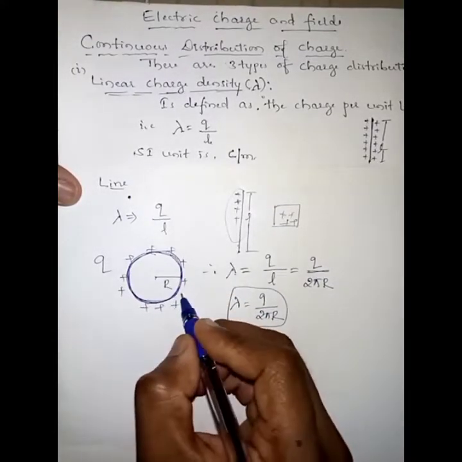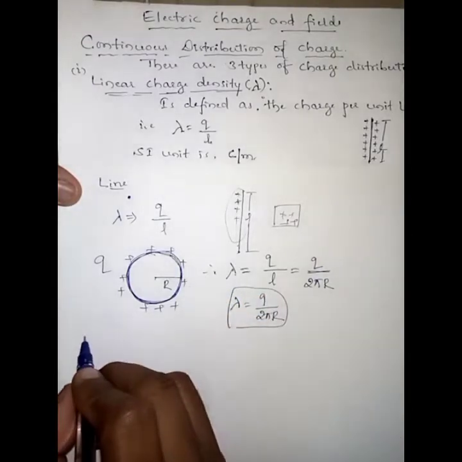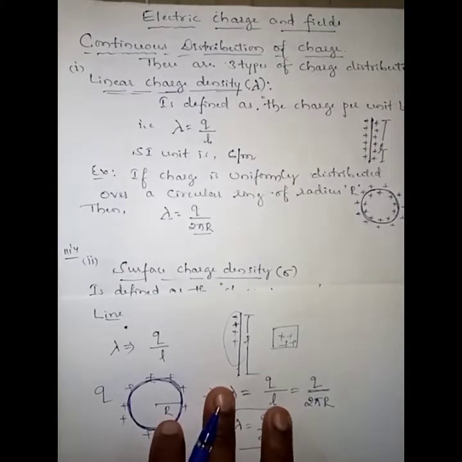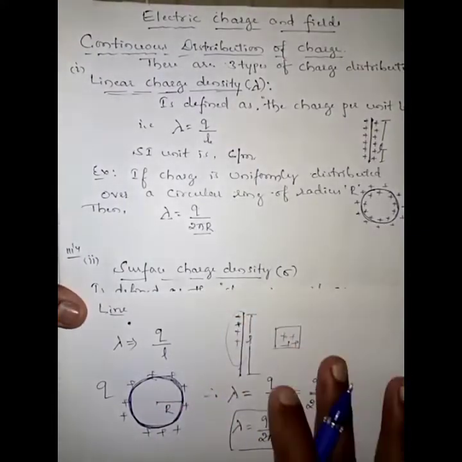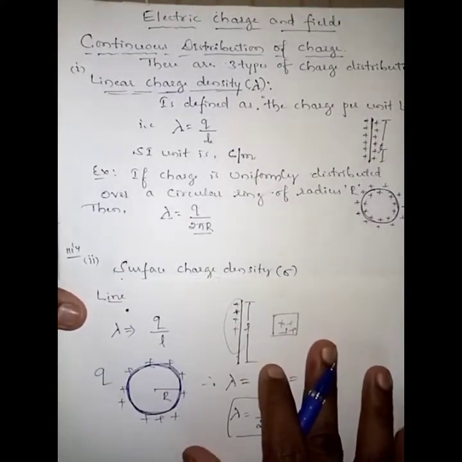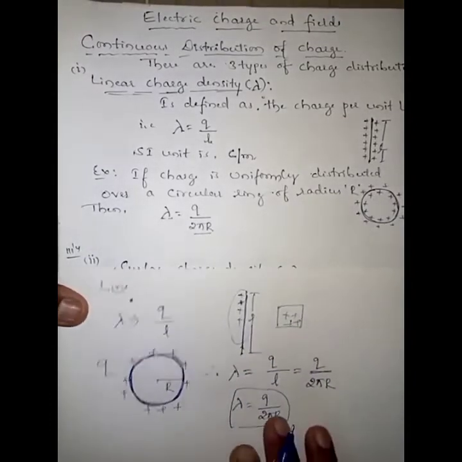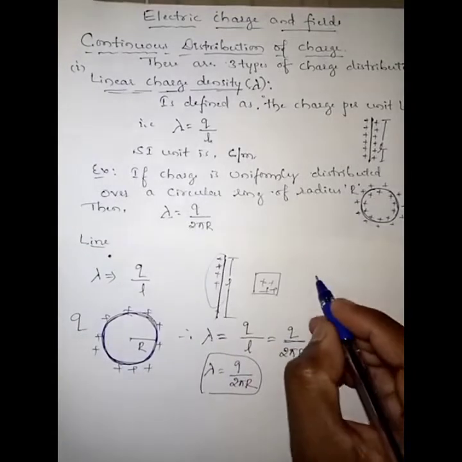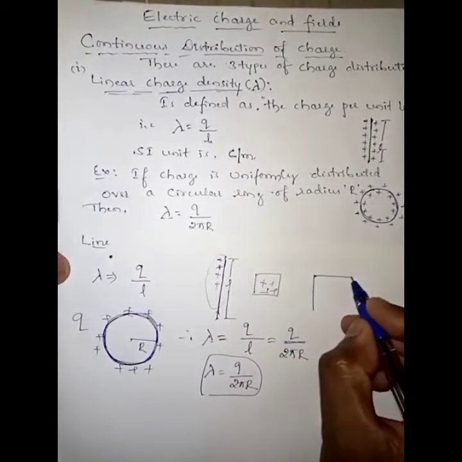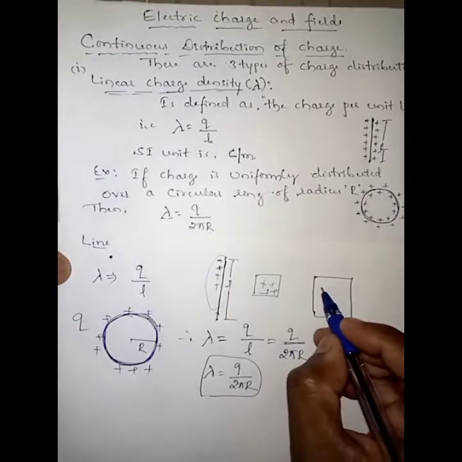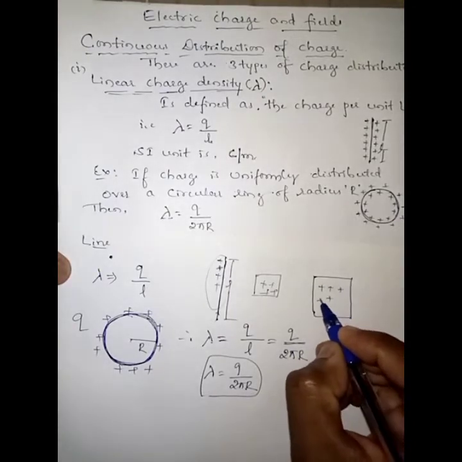Now similarly, one more type is surface charge density. The surface charge density is denoted by the letter sigma. Now, instead of the wire, I am taking a sheet. On this sheet, I am placing some charges.